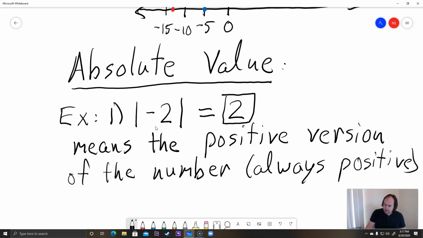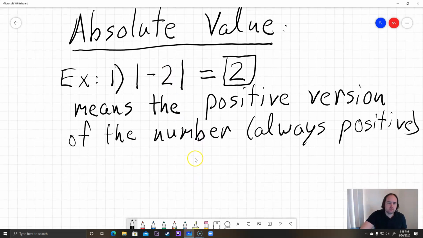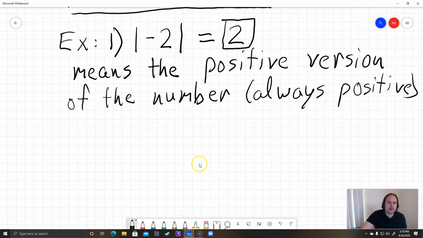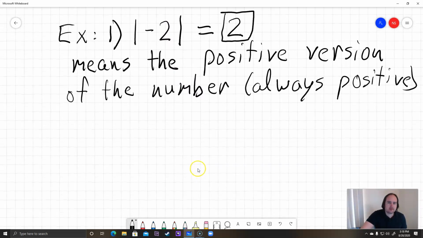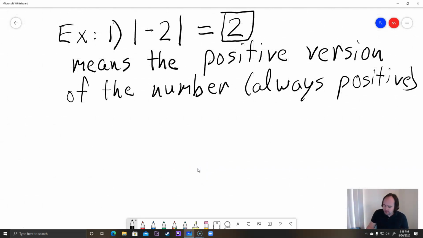Okay, if that's our first example, let's take a look at absolute value of a number that's already positive. So for example number 2, let's do absolute value of 23. Now my question for you is, what's the positive version of a number that's already positive?